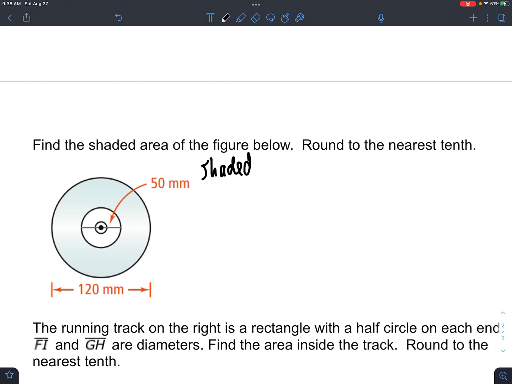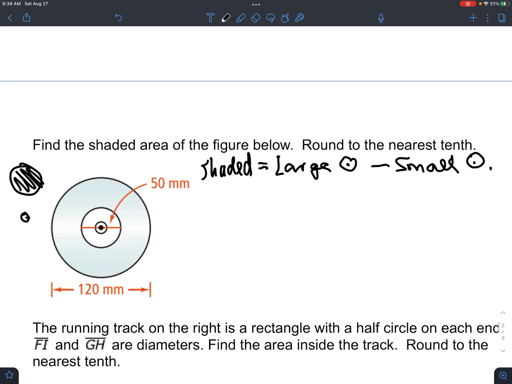The shaded region, kind of like the blue shaded region there, is going to be the area of the large circle minus the area of the small circle. So yeah, imagine that you had this area, the big one, and you subtracted this, you're going to get this, right?